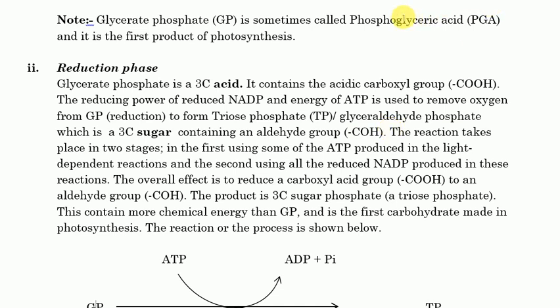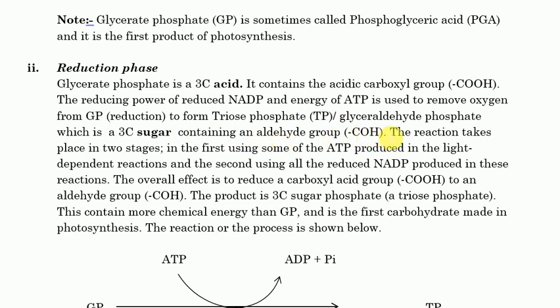This phosphoglyceric acid is PGA, but triose phosphate, which is phosphoglyceraldehyde, is PGAL. The AL is already there, meaning that it is an aldehyde. It is a 3-carbon sugar containing an aldehyde group, which is CHO.